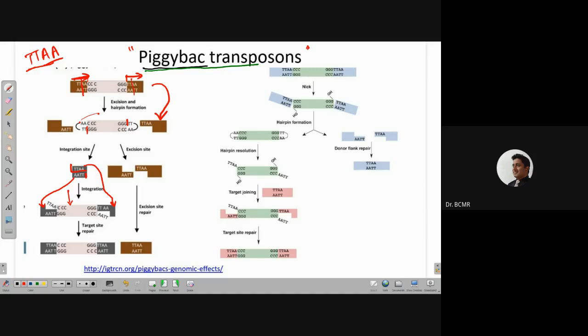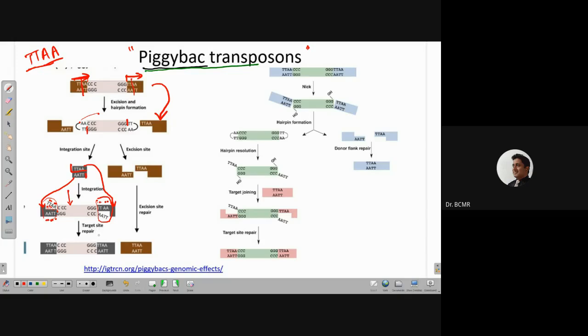When it integrates, it has a preference for TTAA. It is TTAA, right? And so is this one. I am reading it in the 5' to 3' direction. These two are complementary sequences, and it will base pair here like this. The same thing also happens on the second side.